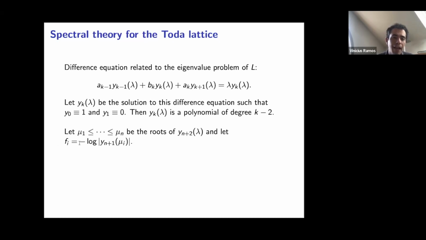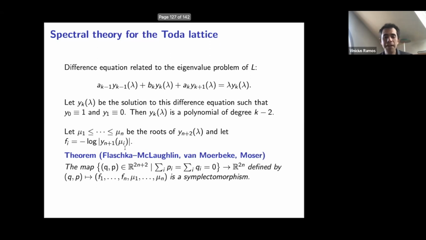And then we can look at this fi, which is minus log of the polynomial with k equals n minus 1 evaluated at mu i. The theorem is apparently due to Moser, but it was written down in Viterbo in the early 70s. And Flaschka and McLaughlin just say that it's probably true, but they don't bother to do the calculation.